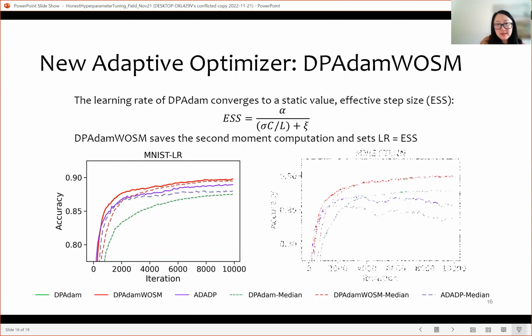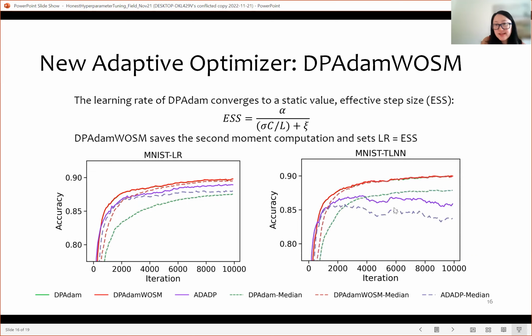And in some cases, the median accuracy can be better than the original DPAdam. So the adaptive optimizer actually plays a very important role in the private setting, which shouldn't be overlooked, as was claimed in previous private work, right?